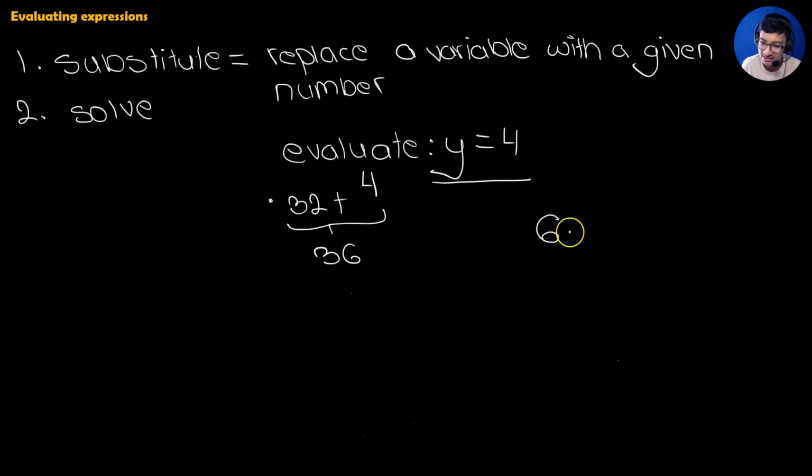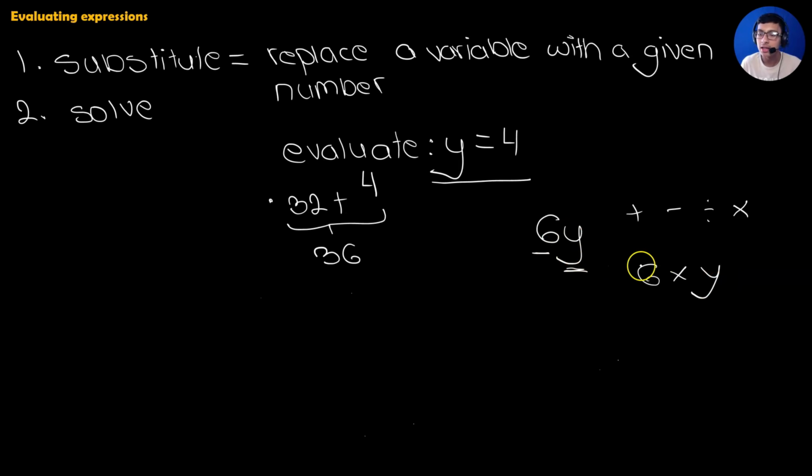Let's go, 6y. Before we do this one, let me give you a little tip: when there is a variable, which is a letter like y, next to a number, written together without any plus, minus, division or multiplication sign, it automatically means 6 times y.